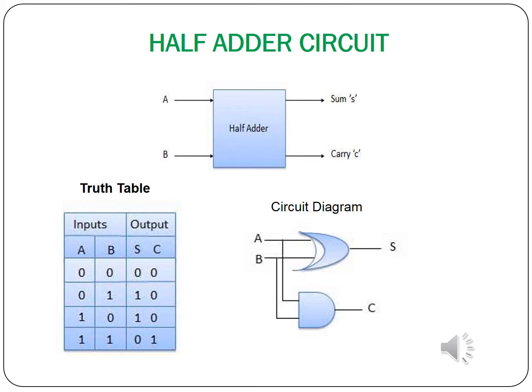Now we apply the inputs A equal to 0 and B equal to 0. The sum is S equal to A exclusive OR B. So A is 0 and B is 0, so 0 exclusive OR 0.